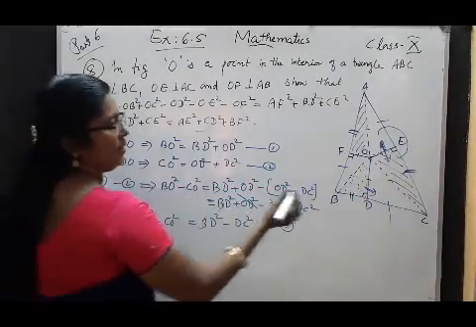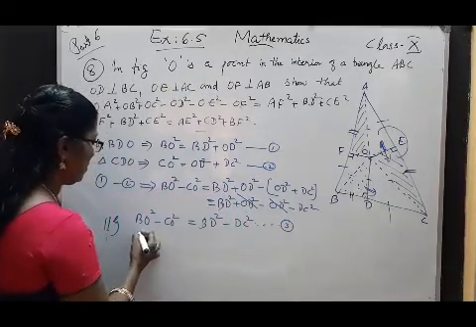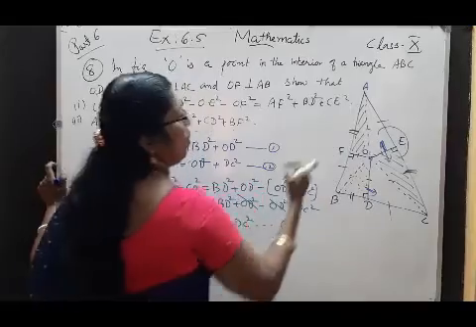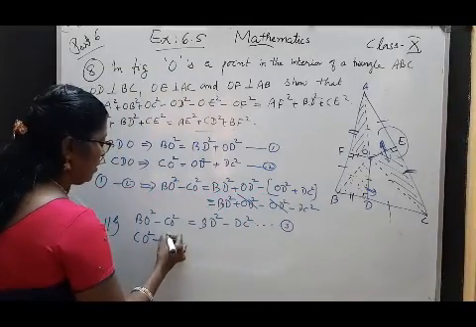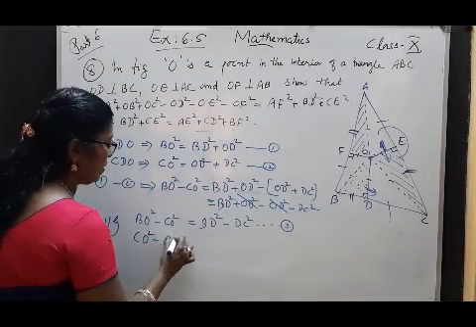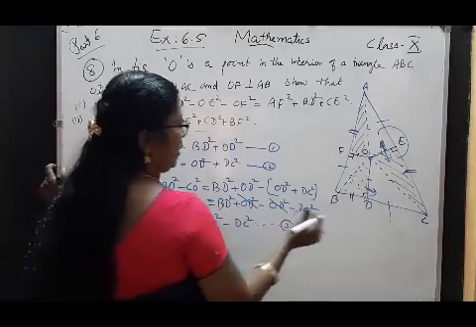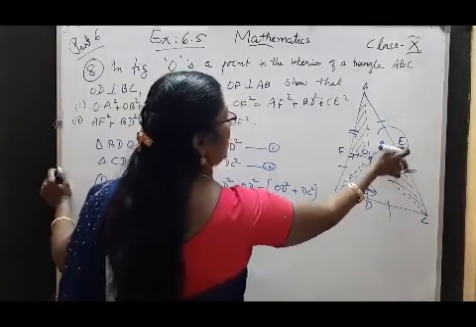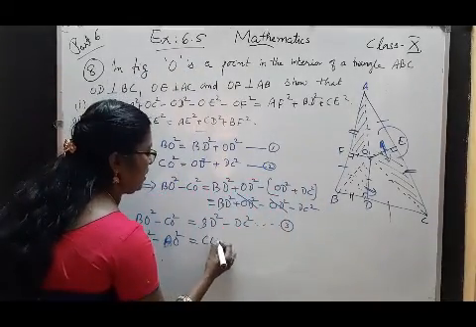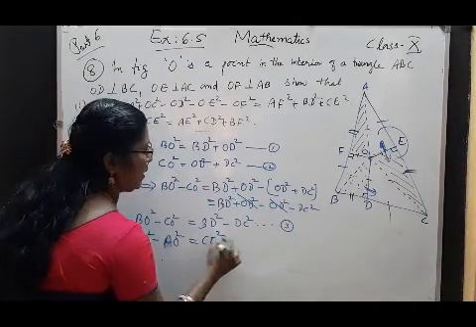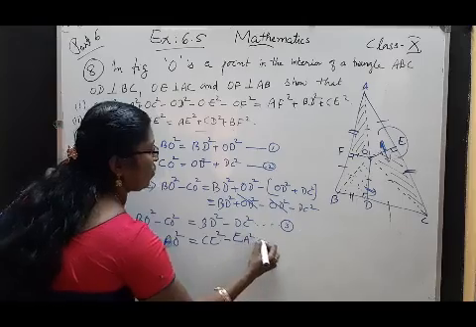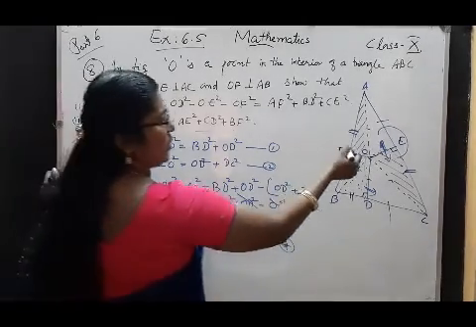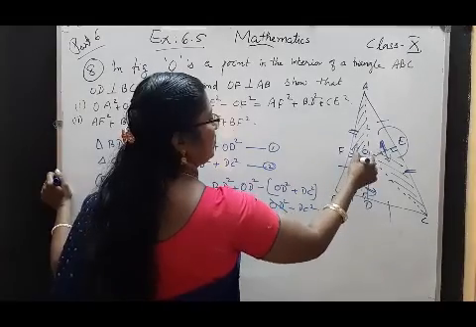That is CO square minus AO square equals CE square minus EA square. Equation number 4.